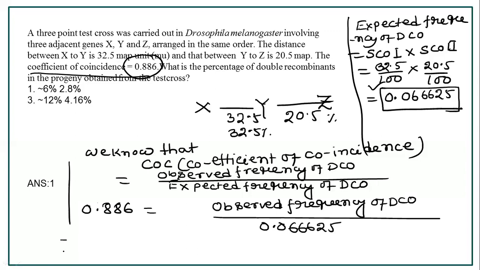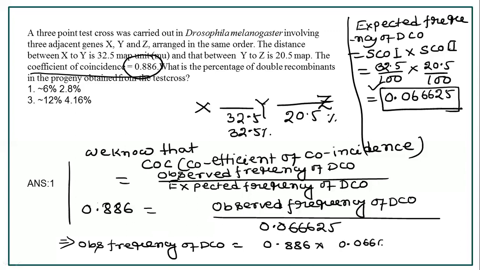So observed frequency of DCO equal to 0.886 into 0.06625, which almost comes to 0.0592. This is difficult without a calculator, but it will come to 5.92%, almost equal to 6%. So the answer is option 1.